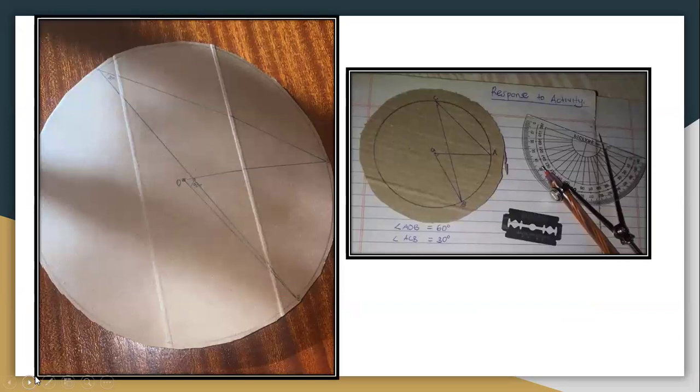Some of you sent me your photos, but I just picked out a few of the photos that I received from the activity. So one person sent me this photo from what the person had obtained, and another person also did something like this.